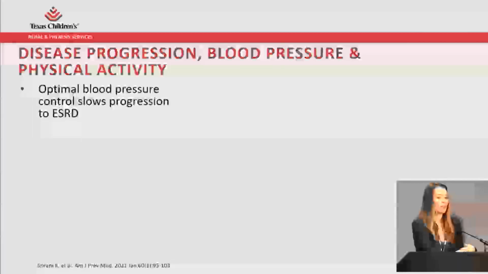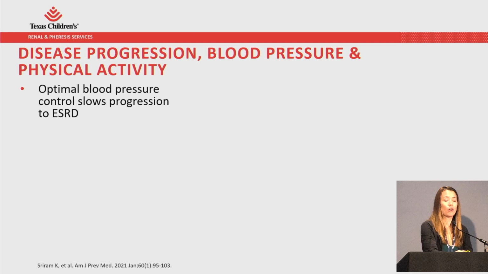So, physical activity and blood pressure. I think we're all aware that optimal blood pressure control can slow the progression to end stage. I'm going to be drawing a lot of conclusions here that haven't really been studied in the CKD literature, but I'm going to make the case that it's important.